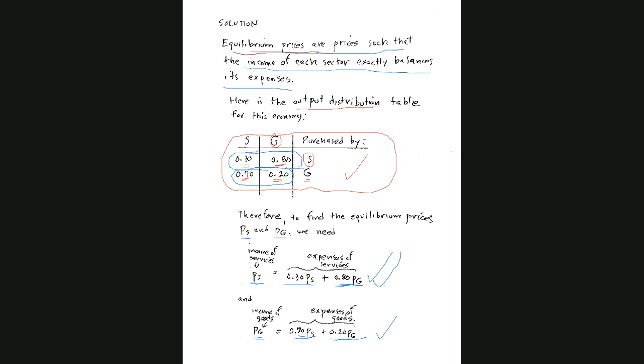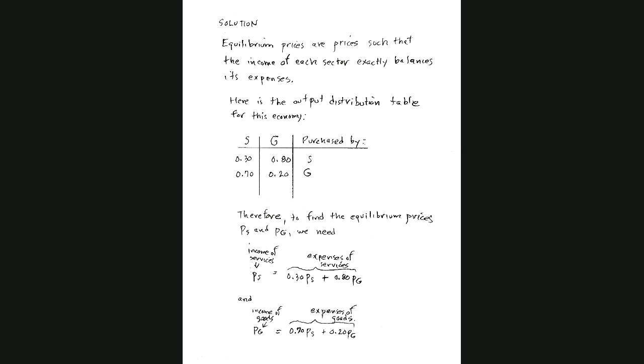So like for the first equation here, do you agree, Solomon, that the income of services has to match their expenses for the system to be in equilibrium?